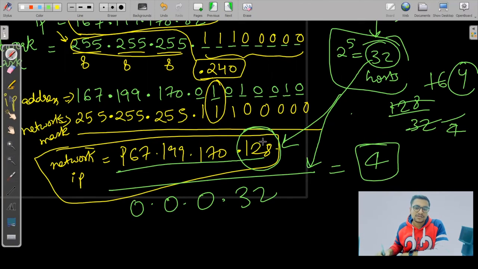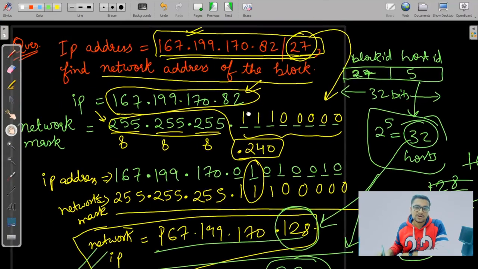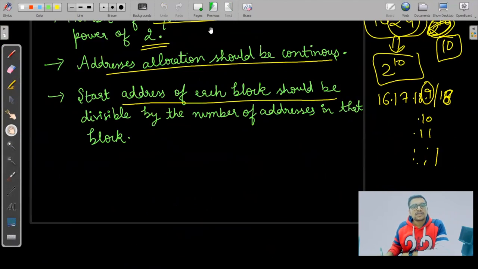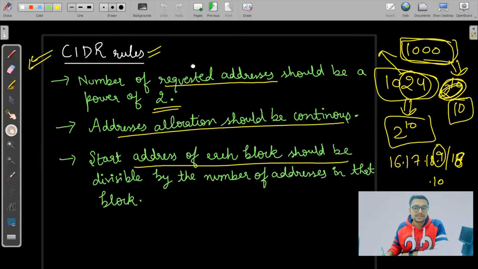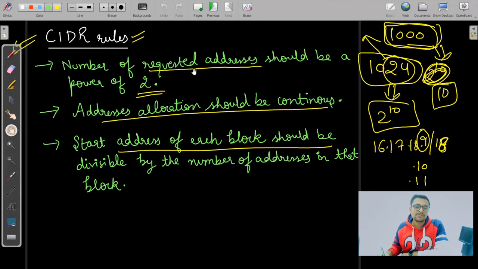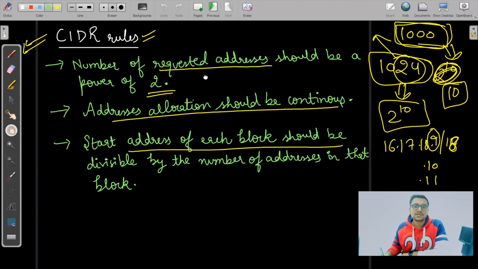The start address of the network should completely divide the number of hosts that are possible in a particular block. That is the third rule. So that is all in classless addressing. These are the CIDR rules that we should keep in mind before allocating a block to a particular organization or to a person requesting IP addresses using classless addressing.